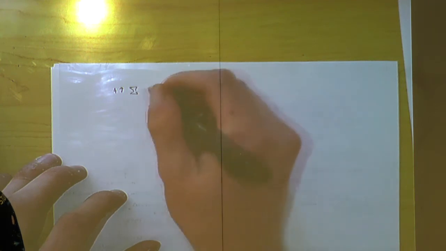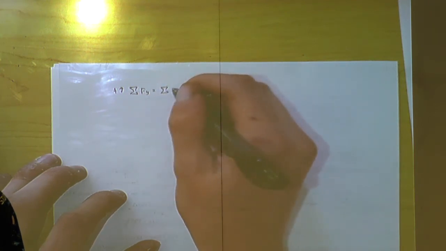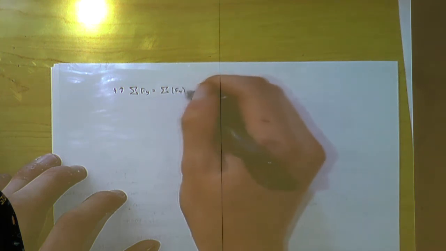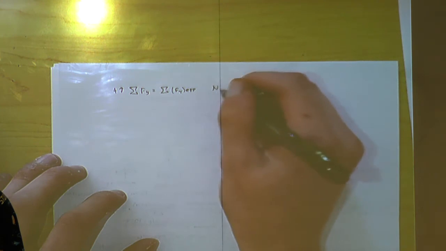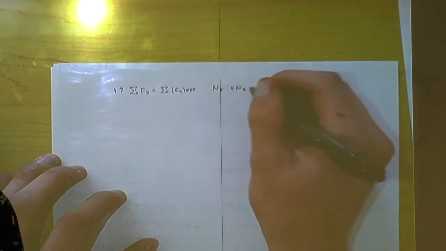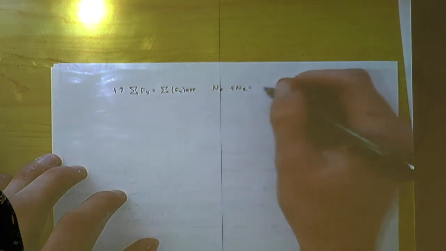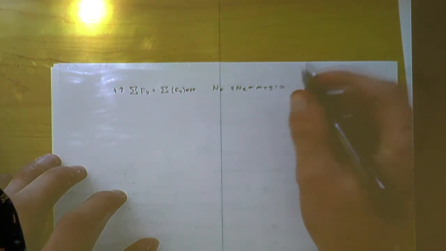The sum of the forces in the y is equal to the sum of the forces in the y effective. So we have normal force of the front plus normal force of the rear minus the mass of the truck times gravity is equal to 0 since it's not moving.